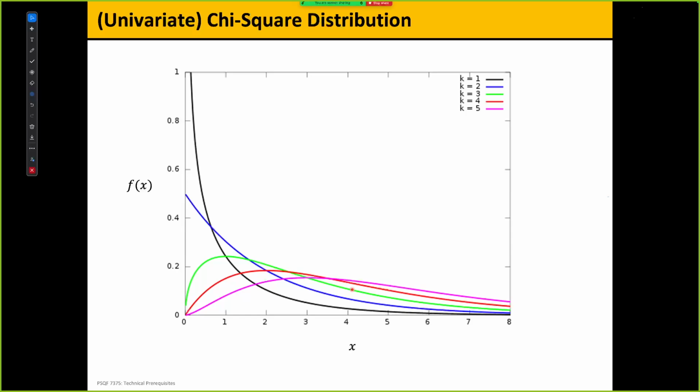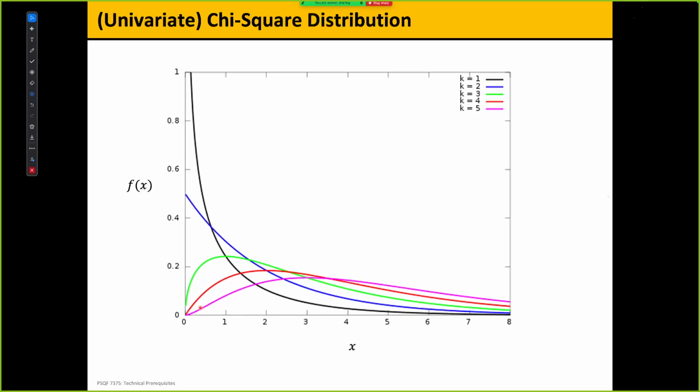So here's a bunch of chi-squares right here. I'm just showing you this to tell you this. If I take, let's say, the chi-square with 1 degree of freedom, and I wanted to compare the likelihood of the value of 1 with the likelihood of the value of 2, the height of the 1 is about, what, 0.25? The height of a 2 is 0.1, so you'd say, which one's more likely? The 1, right?